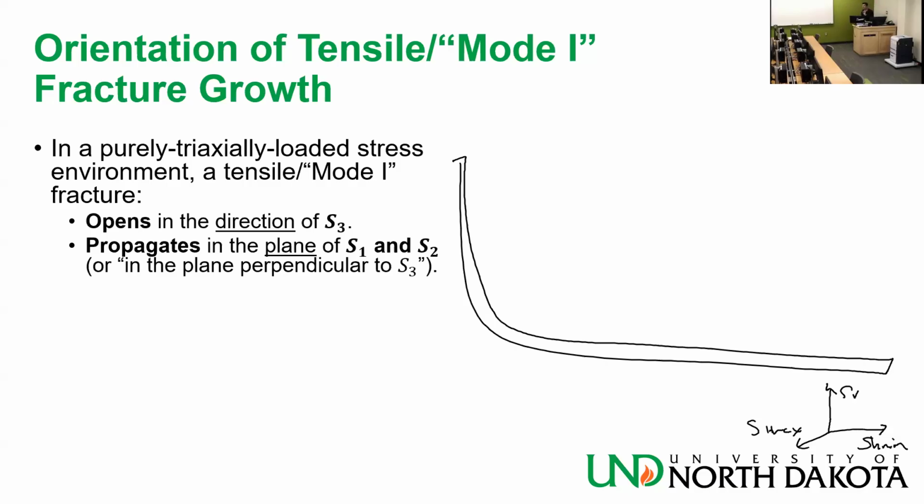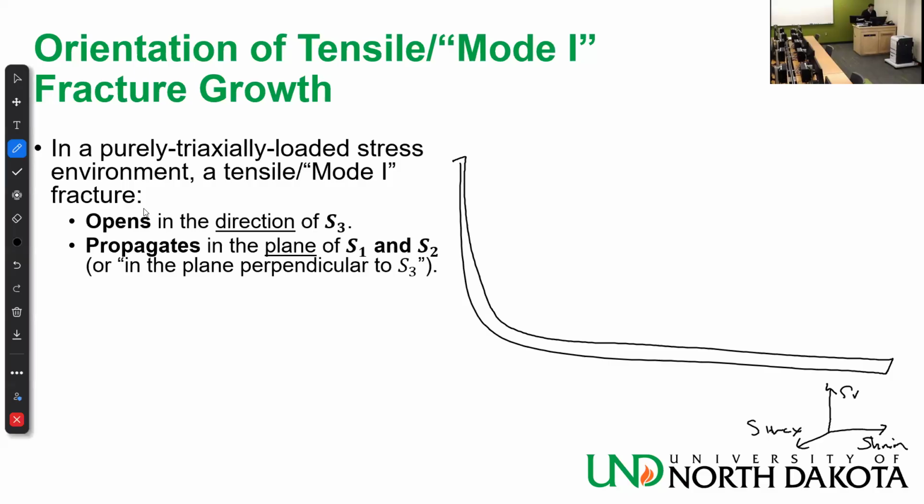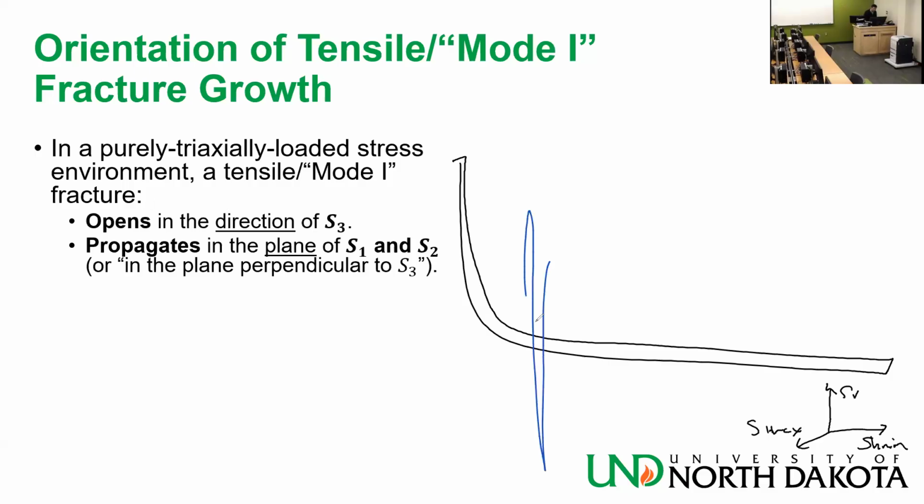And it will be propagating perpendicular to this. So it will propagate in the plane of SH max and SV. So the fractures I'm going to get are going to be intersecting the wellbore transversely, it's going to be like this, fractures.